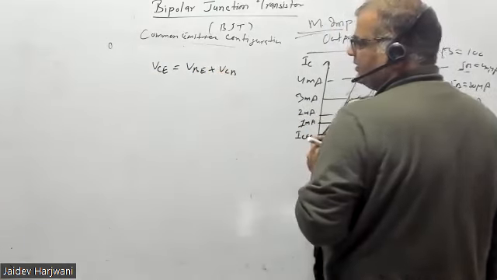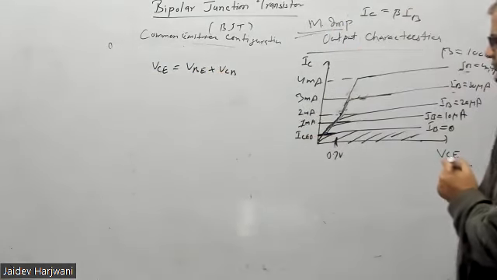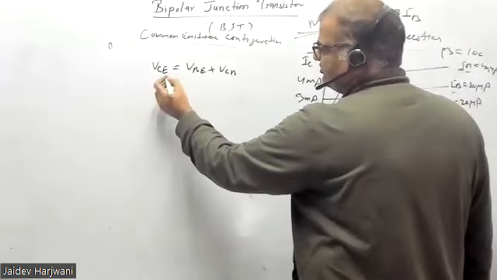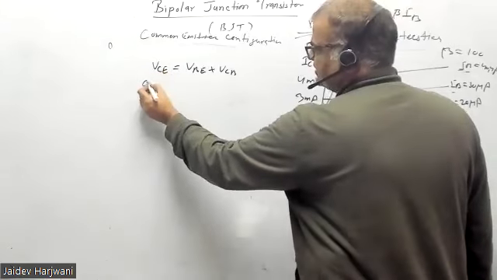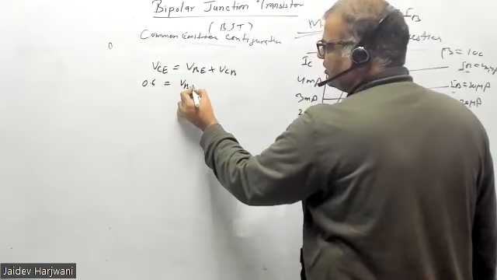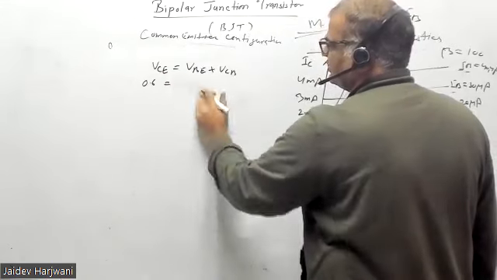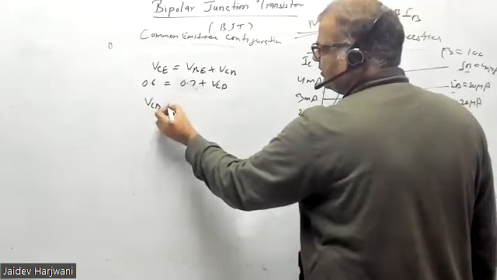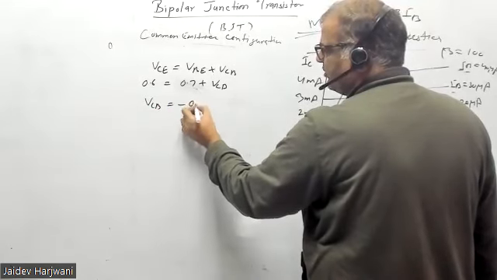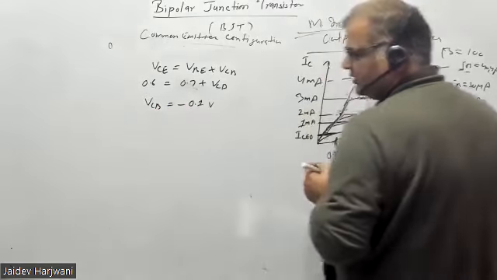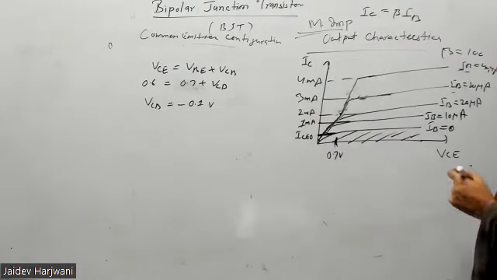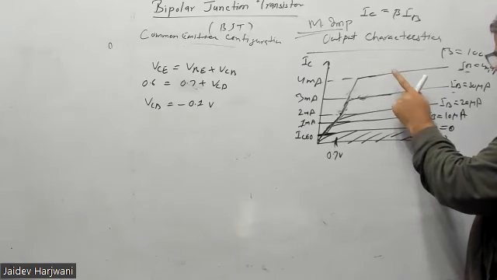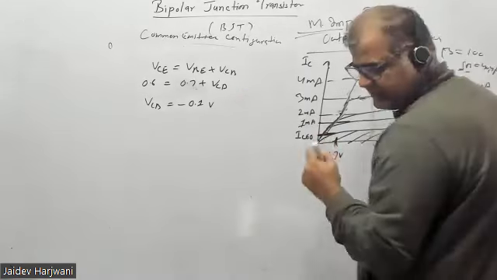Now say my VC becomes less than that, suppose VCB becomes 0.6 and VB is 0.7. So what is the value of VCB? VCB becomes negative 0.1 volt. And for an NPN transistor, if you want to be in the active region, your VCB should be positive.